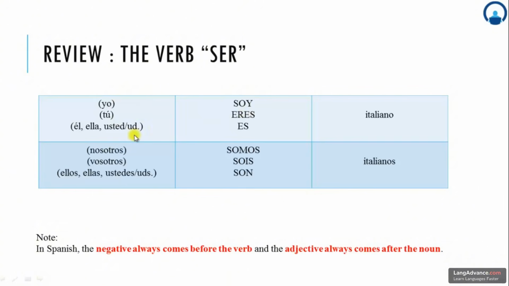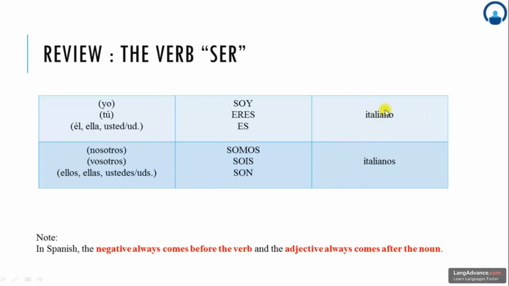their own subject pronoun. But it is sometimes compulsory to write subject pronouns if you want to emphasize some person. Like if I write es and an adjective like Italiano, es Italiano, that means él es Italiano, he is Italian.